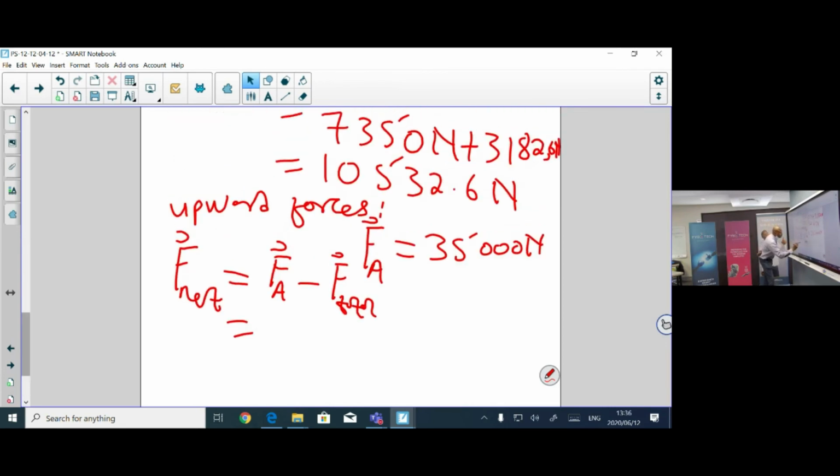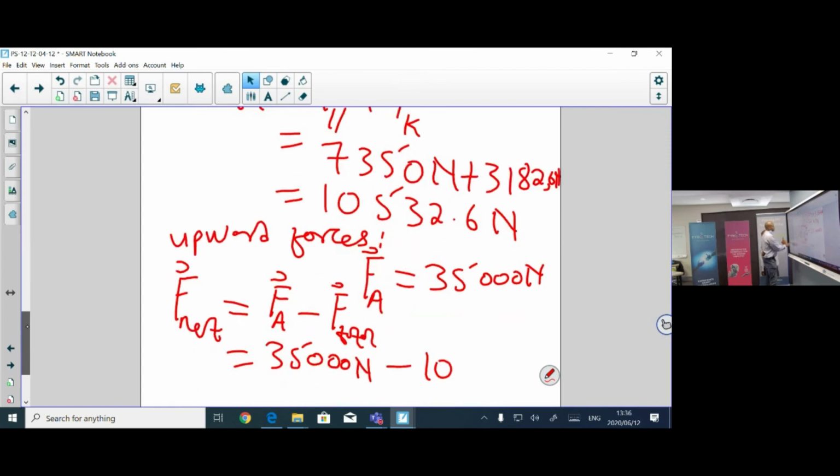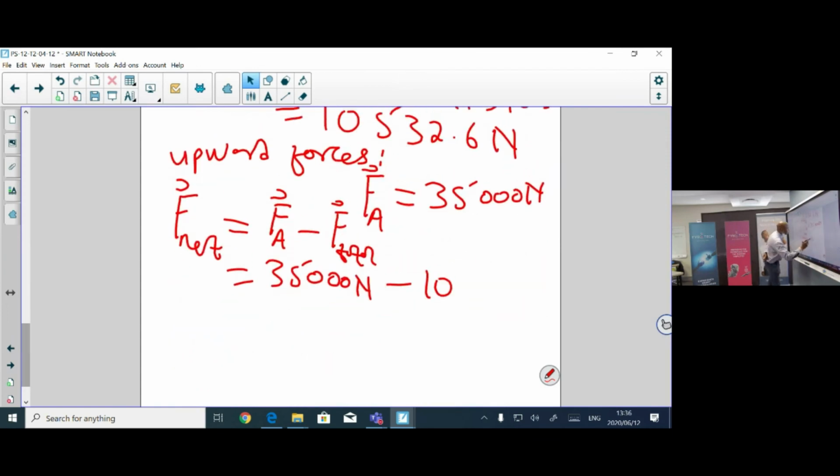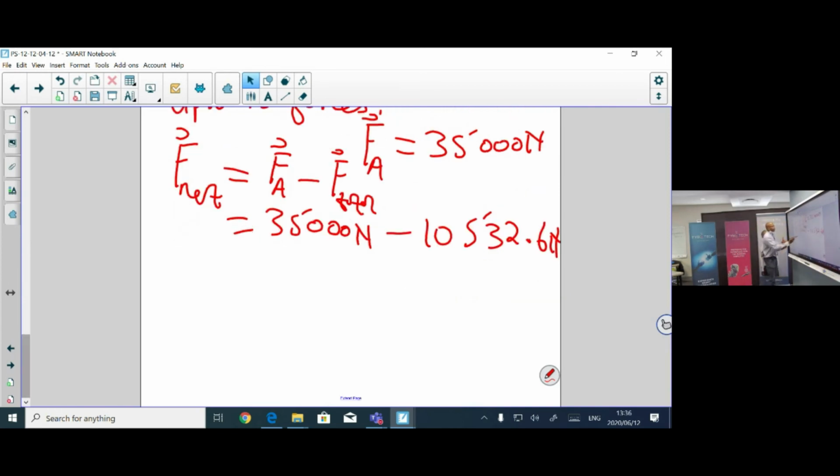Let us substitute: 35,000 Newtons minus F total, which is 10,532.6, gives 24,467.4 Newtons. If you look at that, you are just going to get the following.